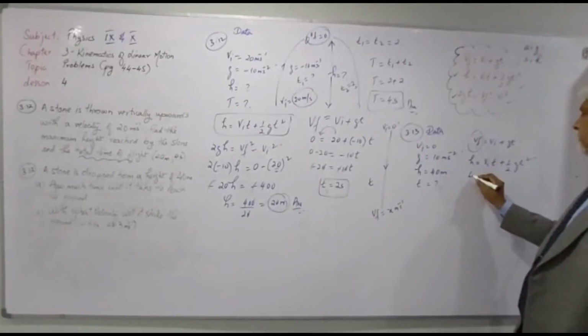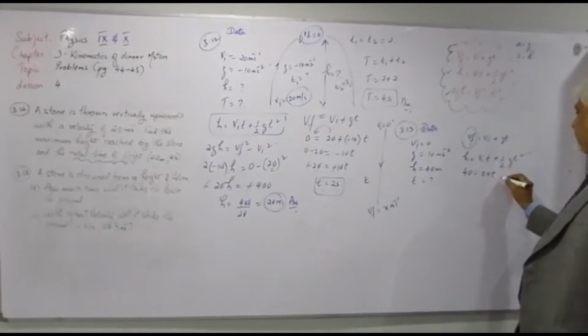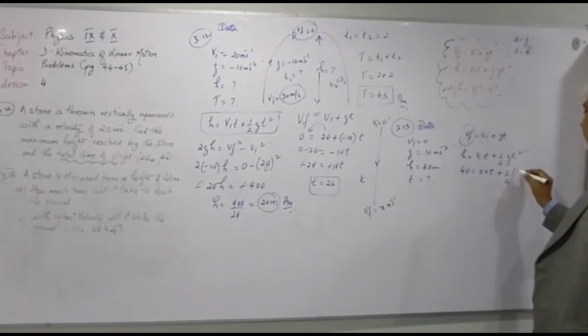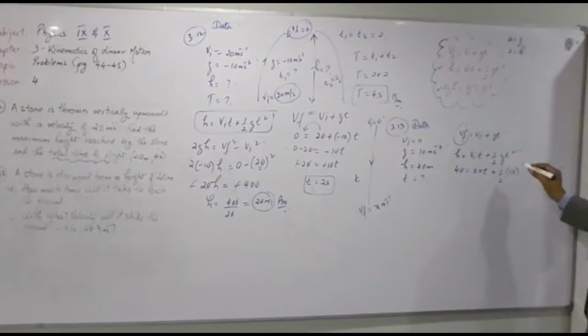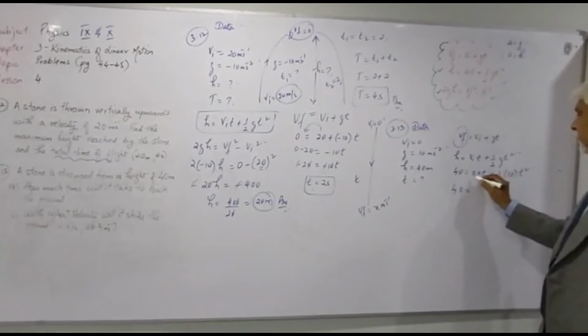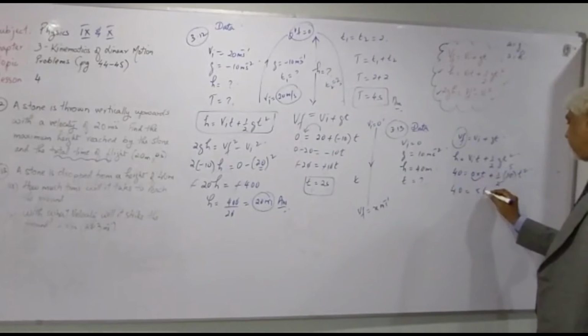So height is 40, initial velocity 0, multiplied by time, plus half the value of G, which is positive 10 meter per second squared, and T squared. So 0 times any number would give you 0. 2 will go to 10 5 times, so you have 5T squared.